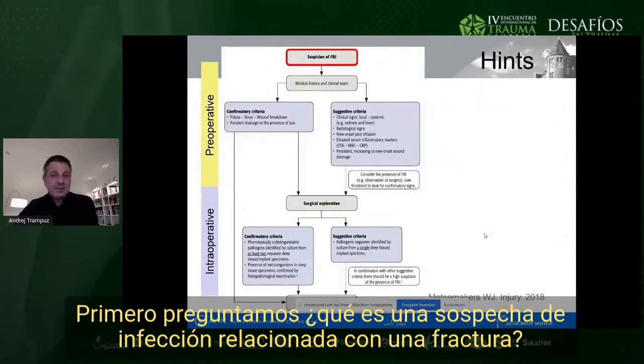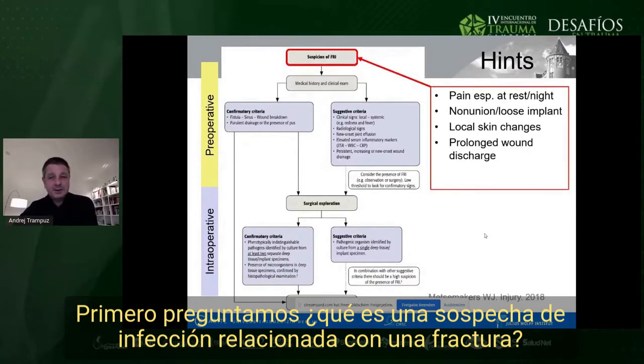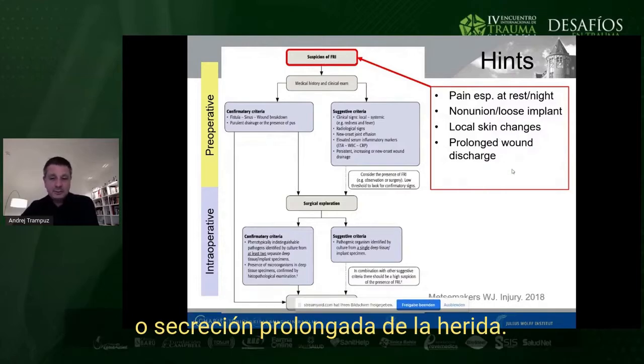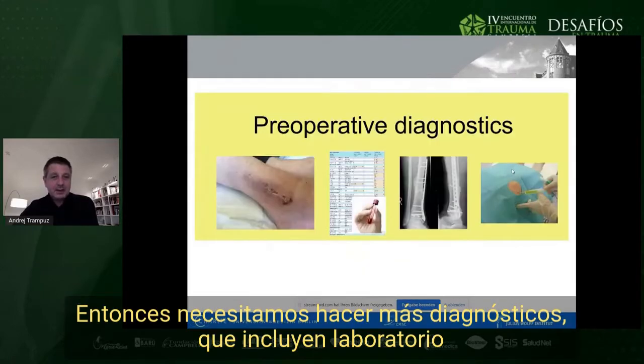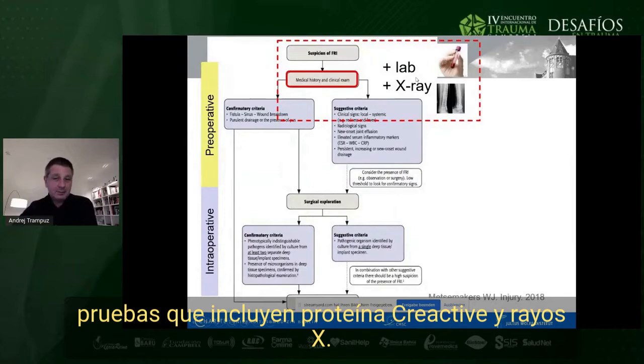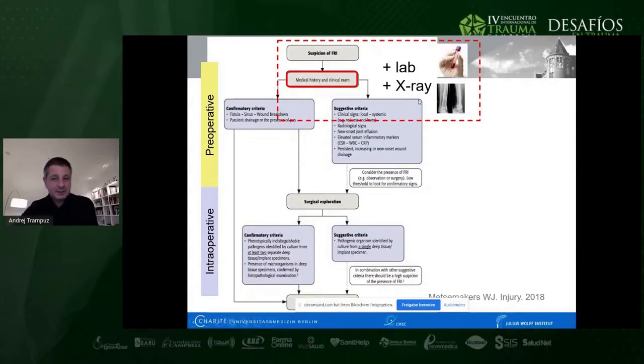First, we ask what is a suspicion of fracture-related infection, and most common, this is pain, non-union, local symptoms, or prolonged wound discharge. Then we need to do further diagnostics, which includes laboratory tests, including C-reactive protein and X-ray.